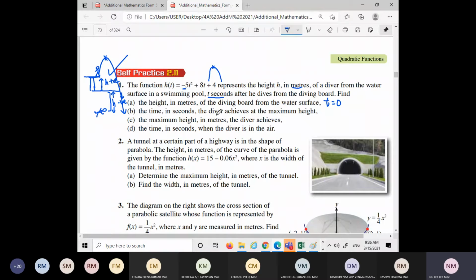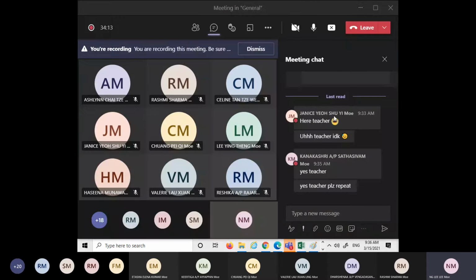So I want to ask what formula you can use. Just now when we were sketching the graph, we mentioned that if this is in general form, there is one formula that you can use. Page 54, I repeated it many times already just now. Go back to page 54, I think at least 2 times.